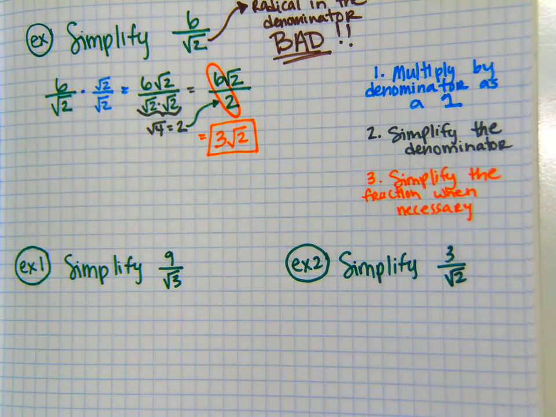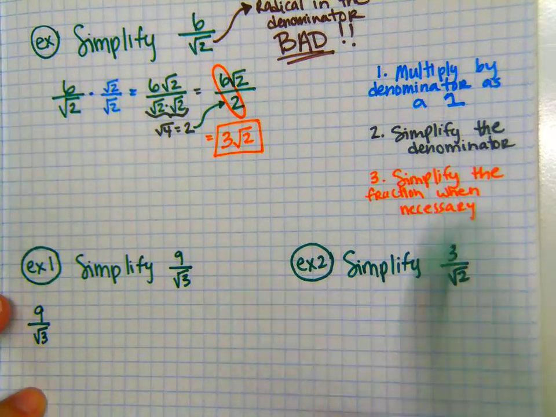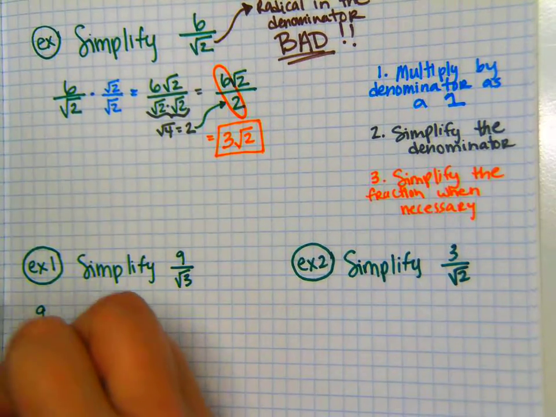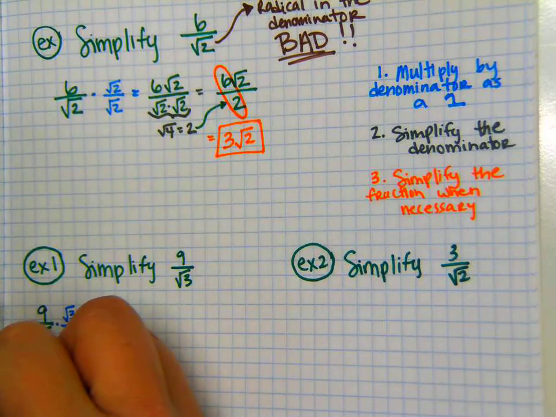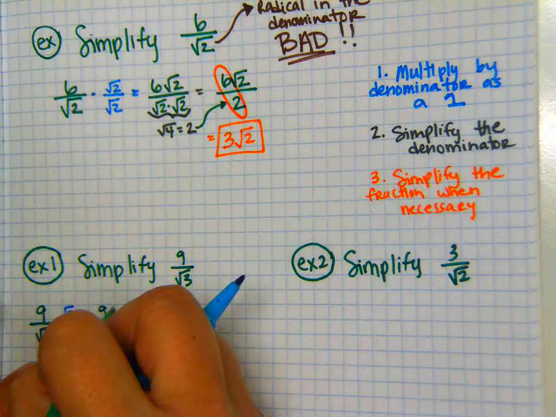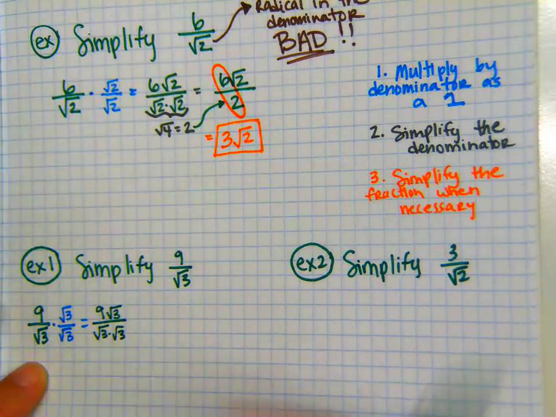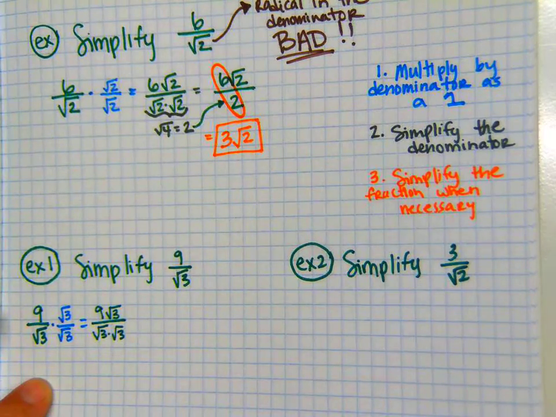All right, so when we do these, we're going to have 9 over root 3. The first thing we're going to do is multiply by the denominator as a 1, so that'll be root 3 over root 3. That's going to give us 9 root 3 over root 3 times root 3. And now we need to simplify the denominator.